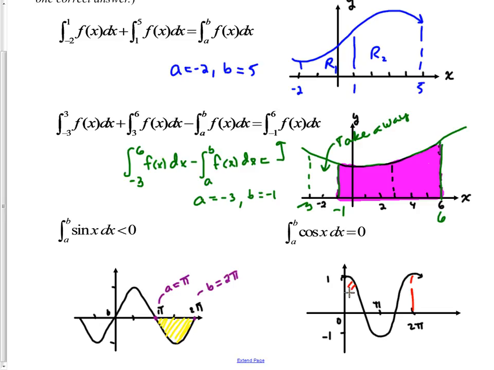Well, of course, if we go from 0 to pi over 2 on this curve, and then from pi over 2 to pi, and then from pi to 3 pi over 2, and then finally from 3 pi over 2 to 2 pi, one potential answer is to say if a is equal to 0 and b is equal to 2 pi, then most certainly we should get a total area under the curve of 0, because these total areas should be equal above and below the x-axis.